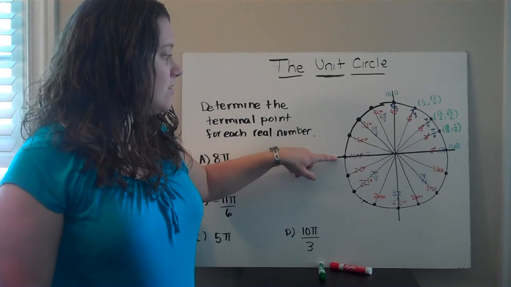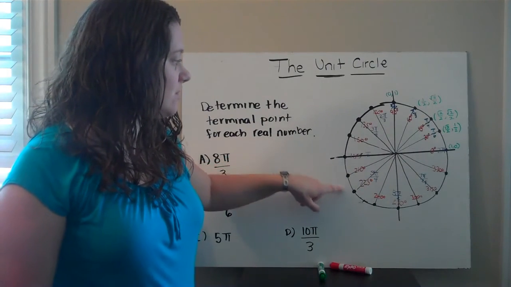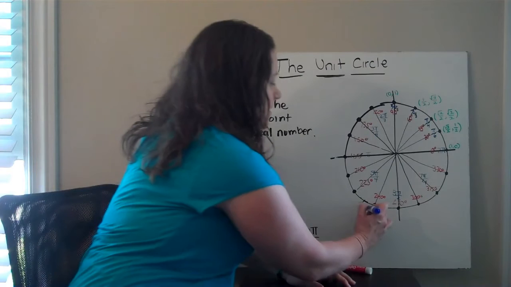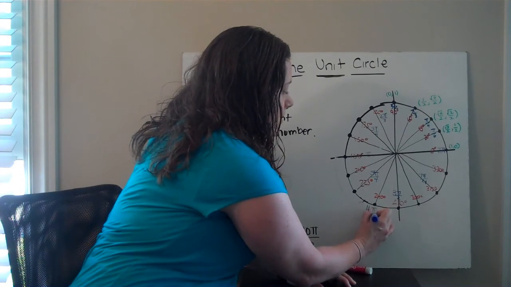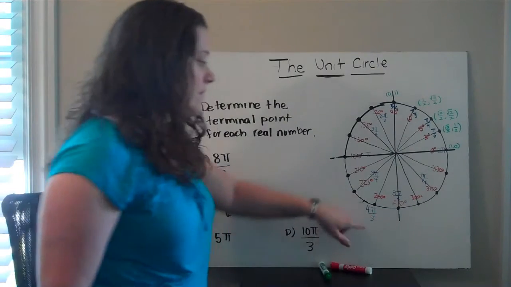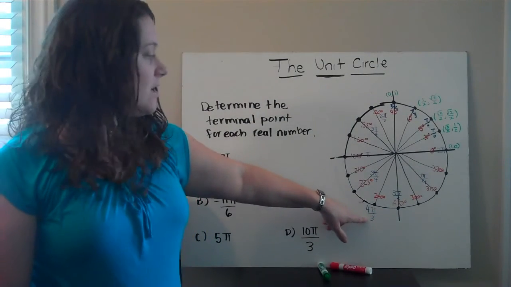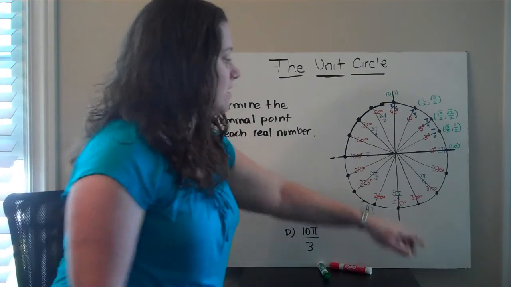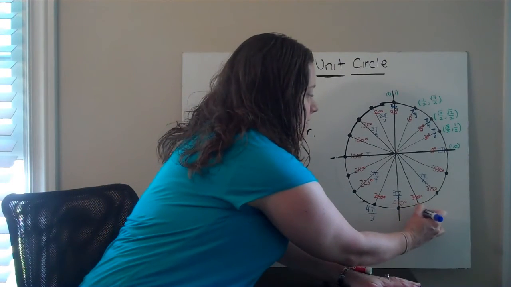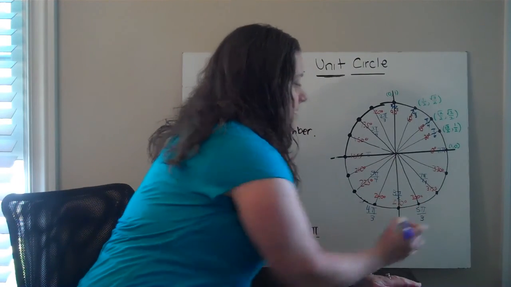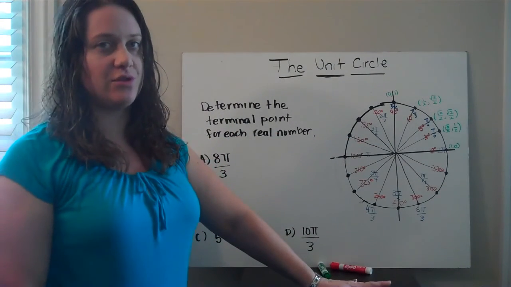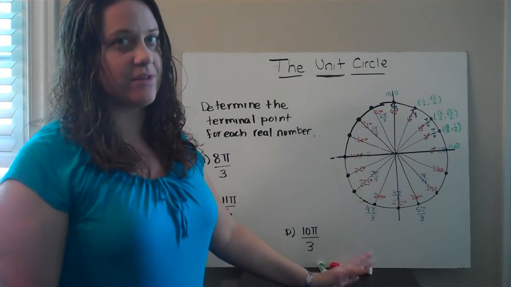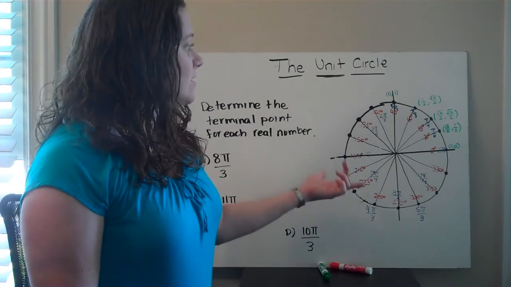Another 60 degrees is going to take me down to 240, so that's going to be 4/3. And then when I get over another 60 degrees, right here is going to be 5/3. And then another 60 degrees is going to get me back to 6/3, which is 2 pi. So there's my thirds.